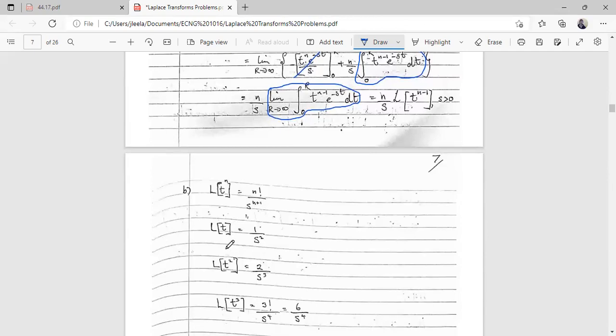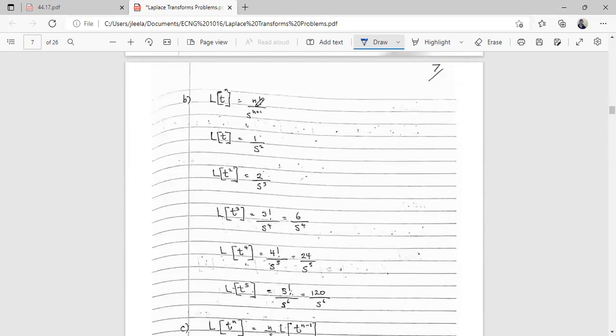Now we could apply the rule: the Laplace of t^n is n factorial over s^(n+1). So for t to the 1, wherever n is, you put 1, so you'll get 1 over s^2. For t^2, you'll get 2 factorial over s^3, and 2 factorial is 2.